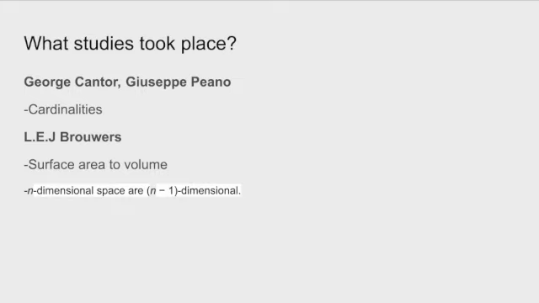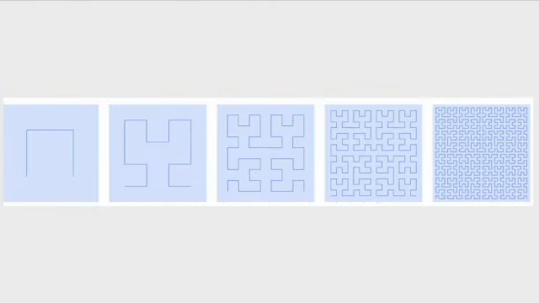Along with Peano, he established some pictures here. He goes more into depth on how there are, this is an example that makes up this picture, and so on and so forth.